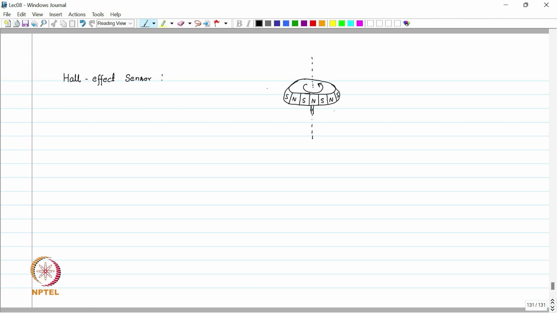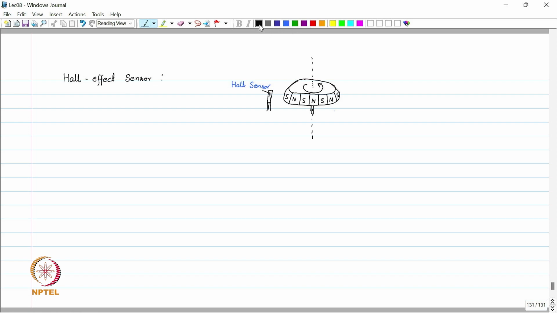We now place a Hall sensor very next to this disk, this is the Hall sensor, and we can measure how much rotation this disk has.